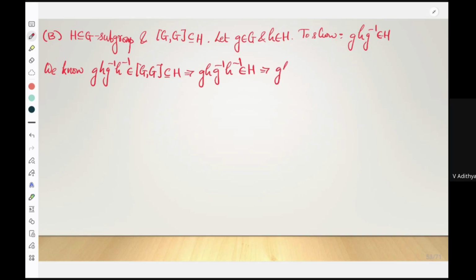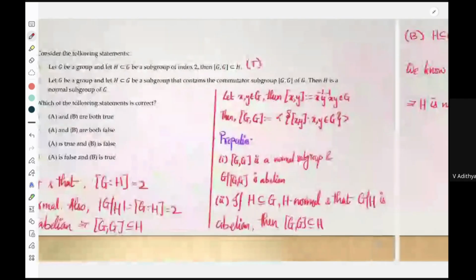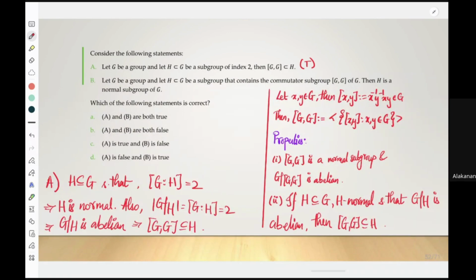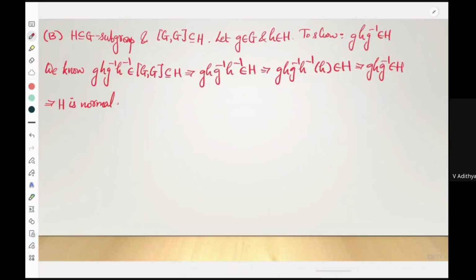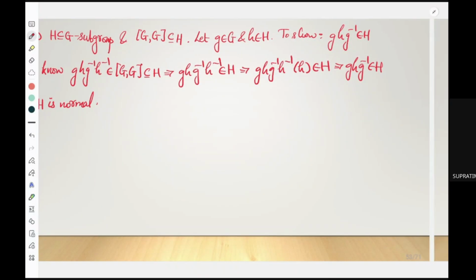This implies g h g inverse h inverse times h belongs to H. This implies g h g inverse belongs to H. So H is normal. Is this clear? Yes, sir. So A and B are both true.